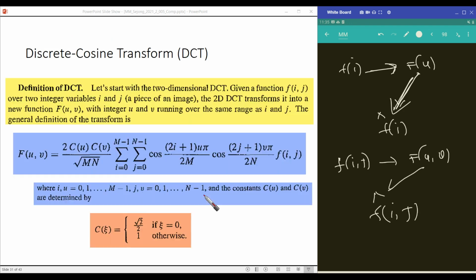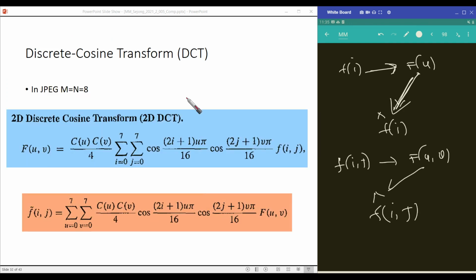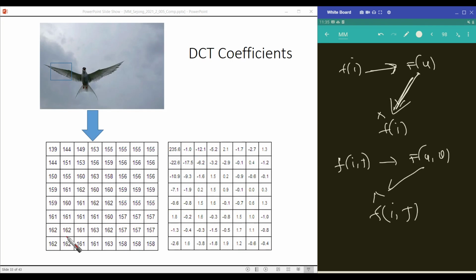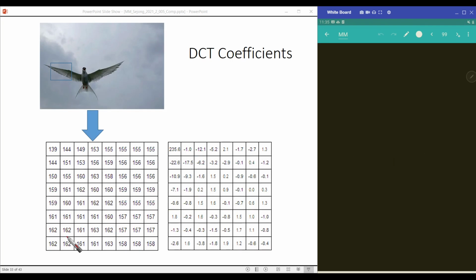So the same. Then here we have the similar transformation. This one is our two-dimensional discrete cosine transform, and this one is our inverse discrete cosine transform. Okay, now let's go here. Now we'll apply these things and we'll see how it works.